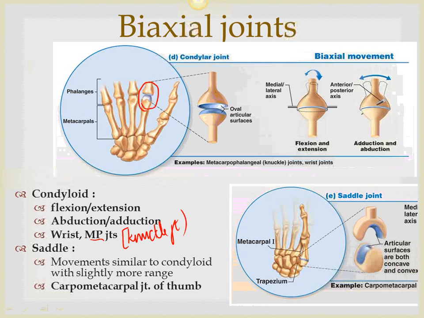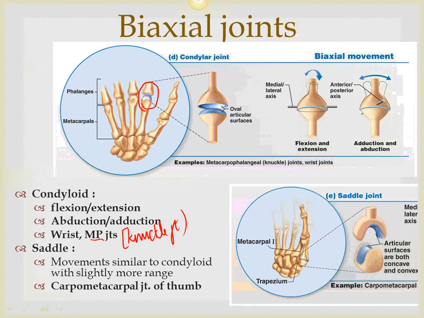When you flex, you're kind of curling your fingers towards your palm. That's an example of flexion. You can feel the movement at the knuckle. And you extend when you uncurl your fingers. And abduction, if you remember, was when you spread your fingers, right? That's abduction. And adduction is when you get them together.